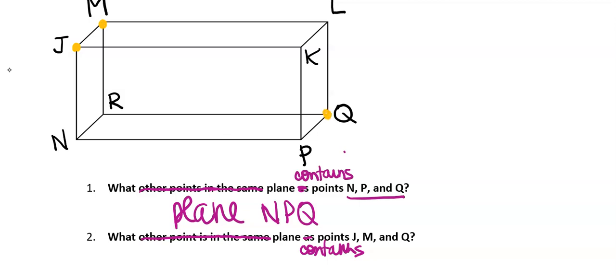Now, when you're looking at that, you're thinking, well, that's not even an edge of the box. What you need to realize is that there are not only planes on the edges of a rectangular prism, there are also planes that can go along the diagonal. So the plane you're actually looking at is this one, and I'm going to shade it in so you can see it a little better.